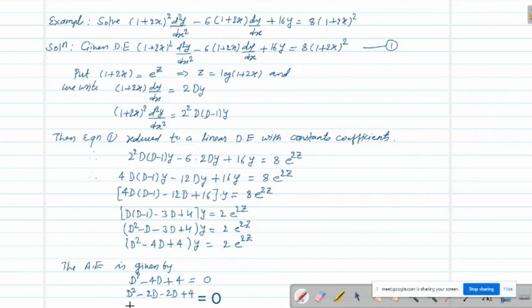Now take d as common in each term. So d into d minus 2, and d minus 2 equal to 0. From this you will get d minus 2 and d minus 2 equal to 0, so d equal to 2 and 2, repeated roots.